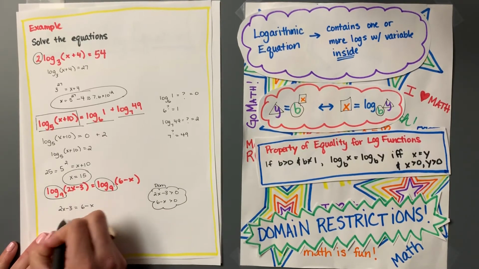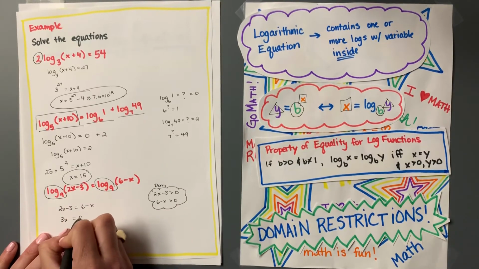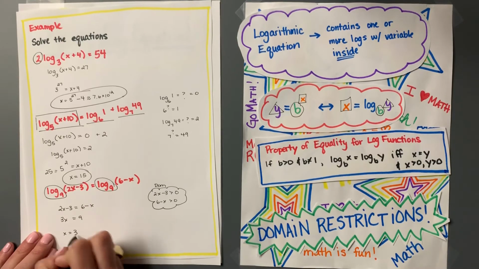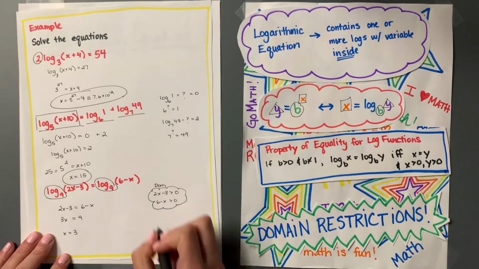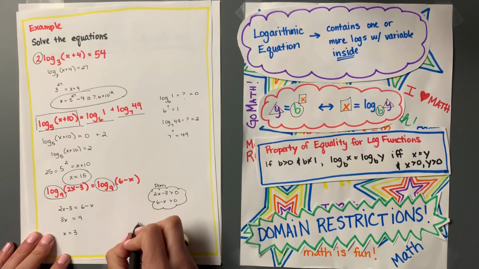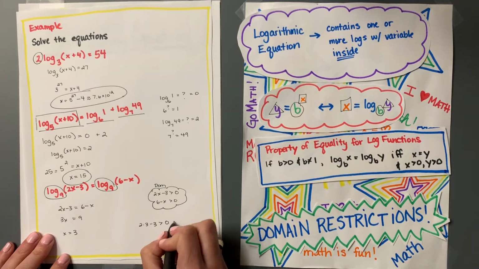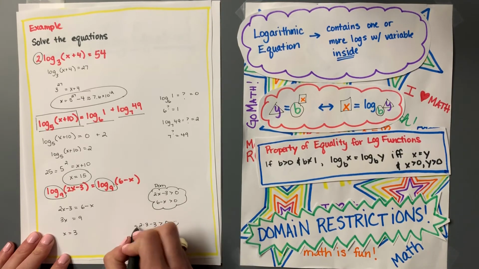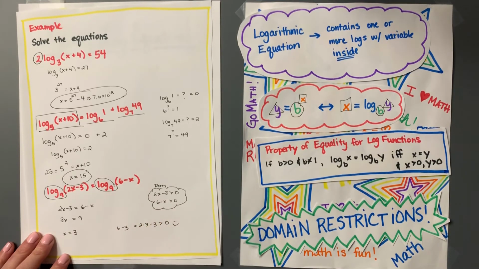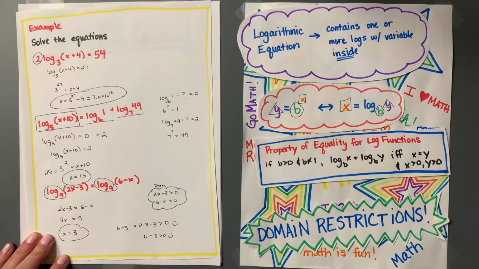All right, so 3x is equal to 9, x is equal to 3. So let's go through and check. So I get 2 times 3 minus 3 is positive. That is true. And then here I get 6 minus 3 is positive. That also works. So that is my answer.